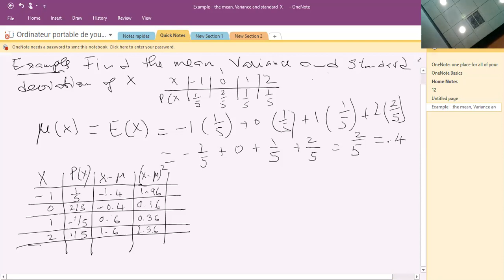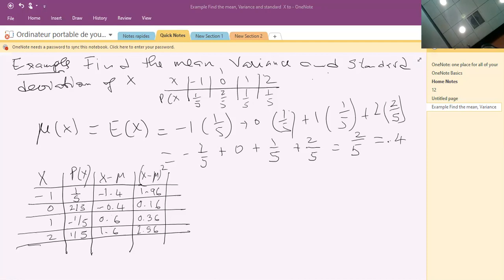Now we can add these numbers. 1.96 plus 0.16 plus 0.36 plus 2.56 gives us 5.04.